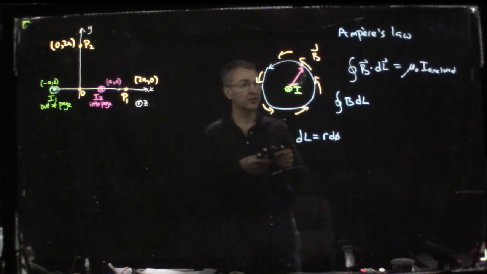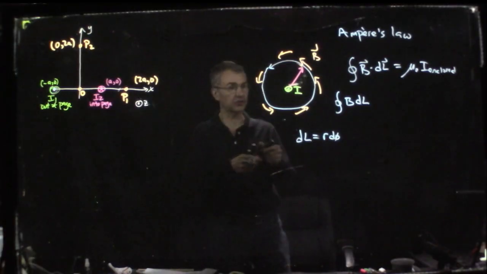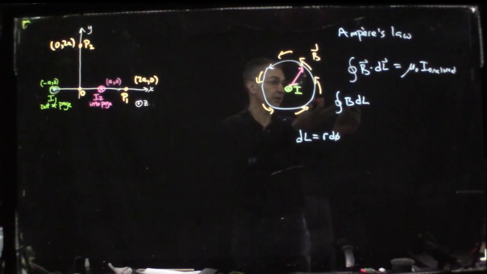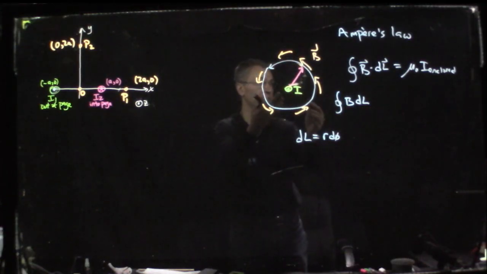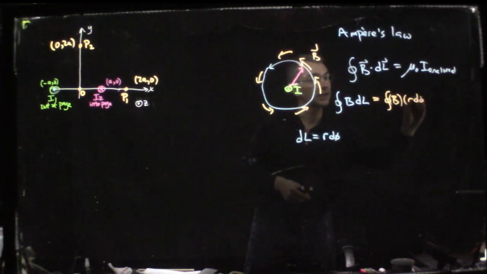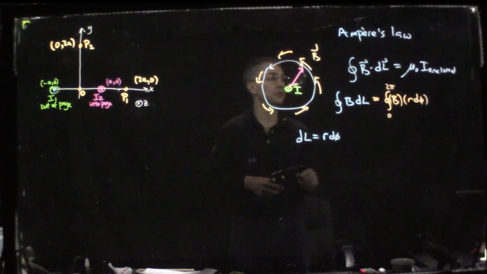Okay, so this is just the integral of B dot dl, which is the integral of B times dl because they're always parallel to each other, so the cosine theta factor in the dot product is 1, and then this is just the integral of B times r d phi, and we're going all the way around a circle.